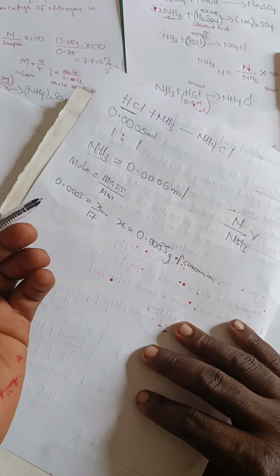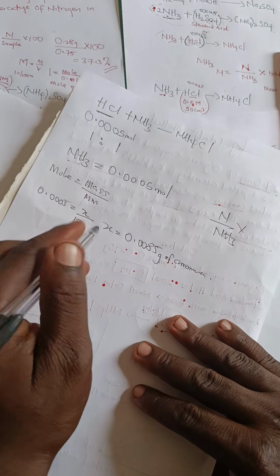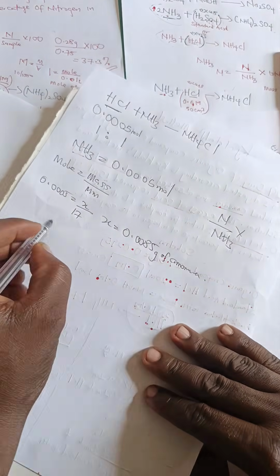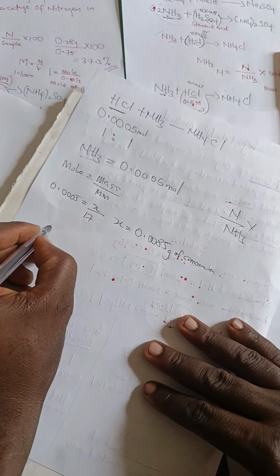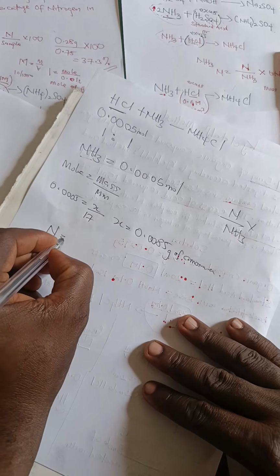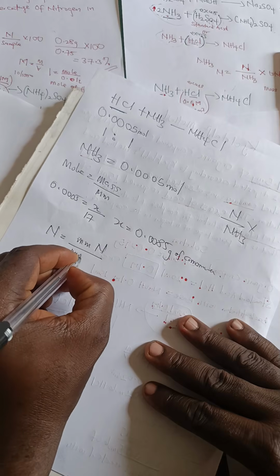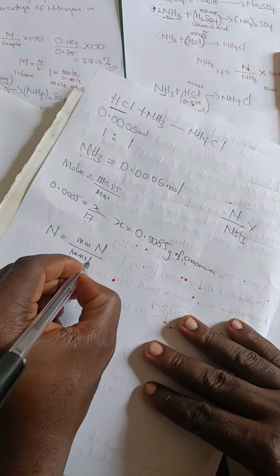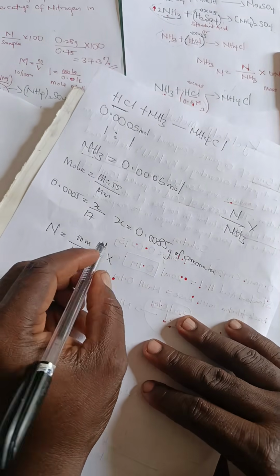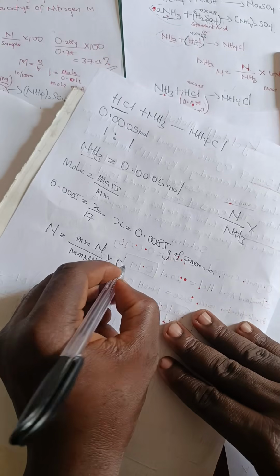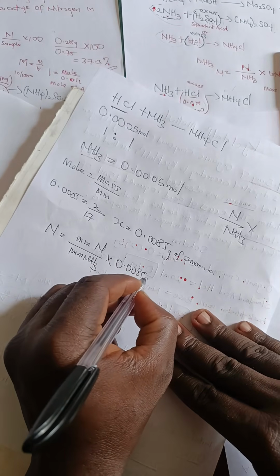From here, I can look for nitrogen. Don't forget that we are looking for percentage. So for the mass composition of nitrogen in ammonia, it will be molar mass of nitrogen over molar mass of ammonia, multiplied by the total. What's the total mass of ammonia? 0.085 gram.